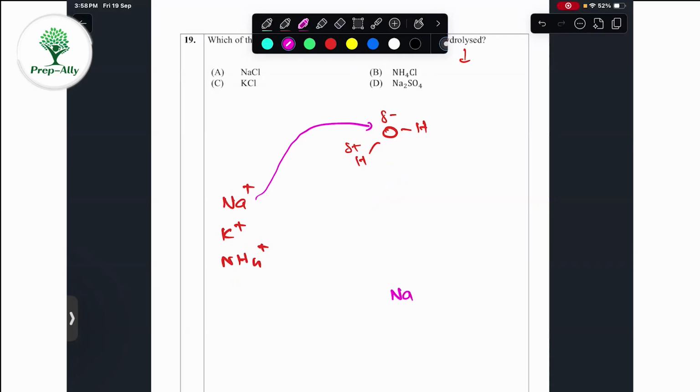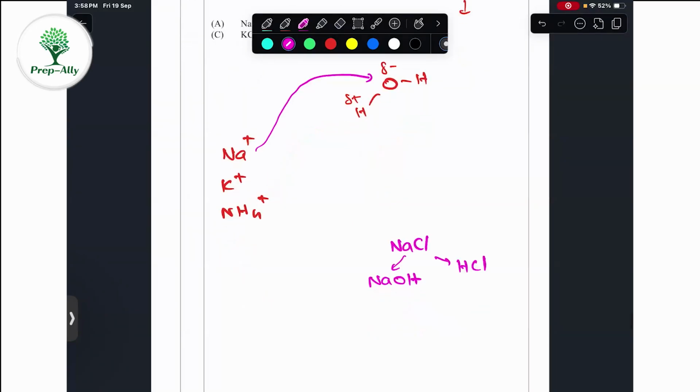Let's take NaCl. It is a salt of NaOH and HCl, right? So NaOH will produce Na plus ion. It is a strong base, so Na plus is going to be a weak acid.